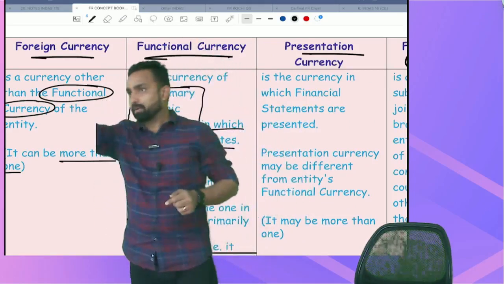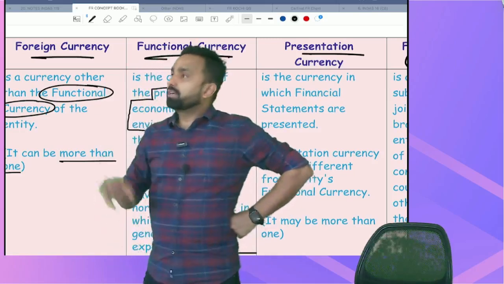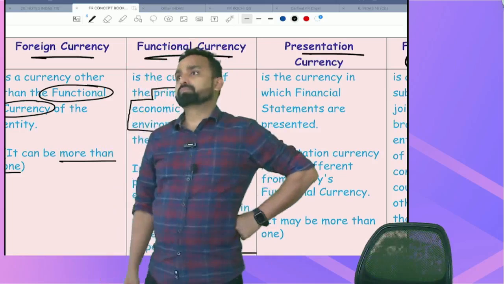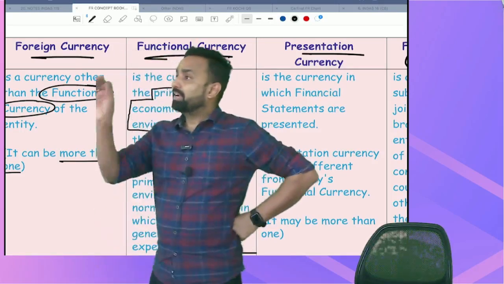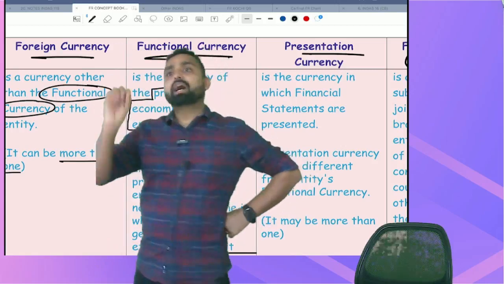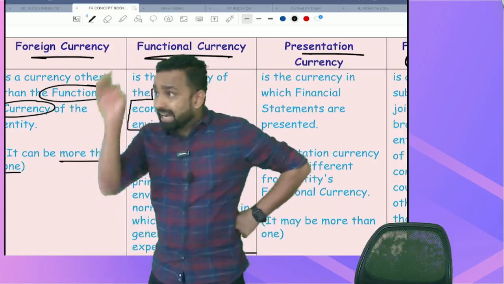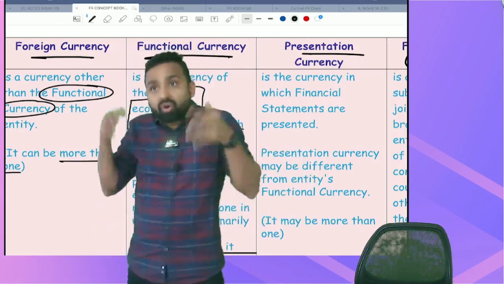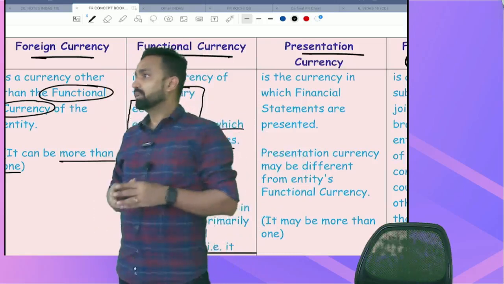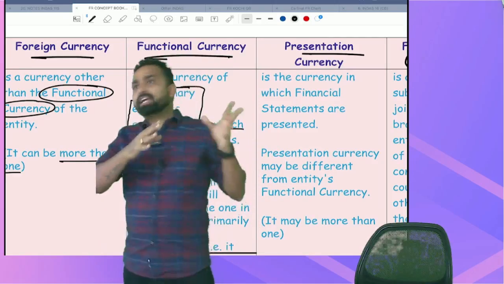Let me give you one example. I started one company in India, and I have 100 employees in India. These 100 employees are basically consultants. I hired all the consultants on payroll. They can be B.Com pass or CA Intermediate pass.